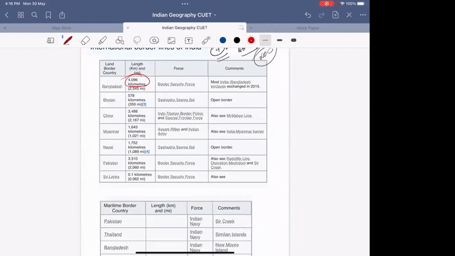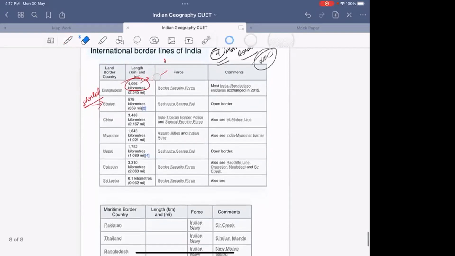If we talk about the land border, you can see from the data that the border with Bhutan is the shortest border shared with India. And the largest border shared with India is Bangladesh. We are talking about length. The border with Bangladesh is the longest, to be precise.